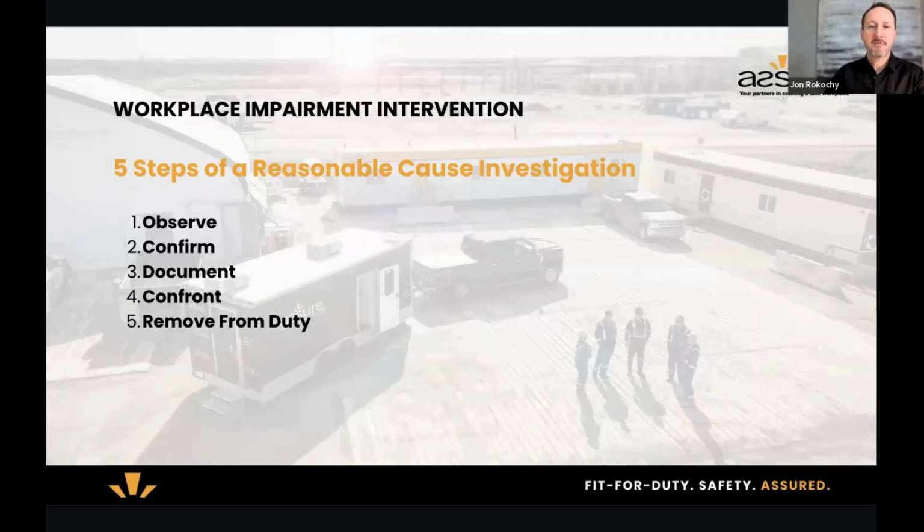So if the company representative requests the test based on reasonable cause and they refuse, which they have the right to, they're now choosing to violate the company drug and alcohol policy, and you would take action based on them not being compliant. So they don't have to do the test, but they're essentially choosing not to return to a safety sensitive position. If they do agree, now you continue to remove them from duty and you would carry out the testing.